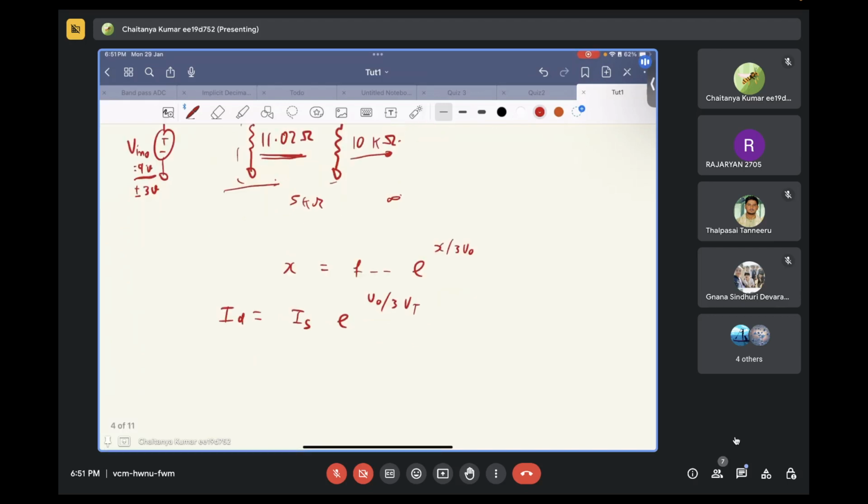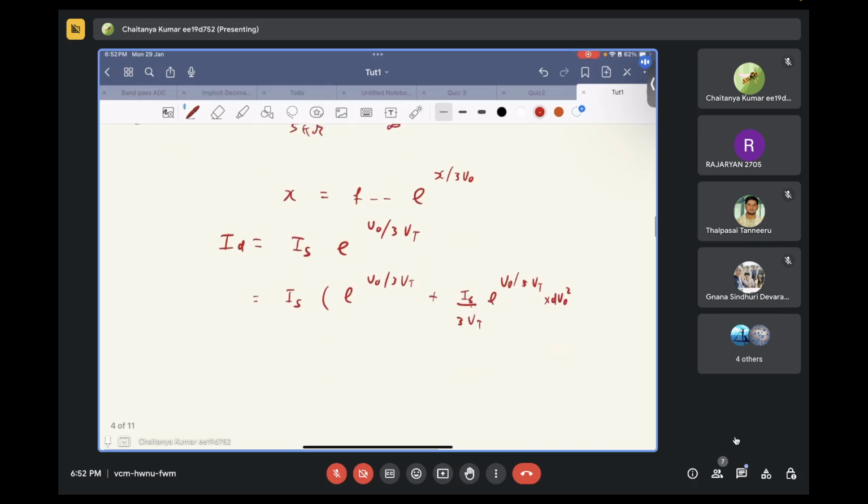If we take the Taylor series of this equation, what we get is IS times e to the power V naught by 3 VT, plus IS by 3 VT into e to the power V naught by 3 VT times dV naught, plus (IS upon 3 VT) whole square into 2 into e to the power V naught by 3 VT times dV naught square.